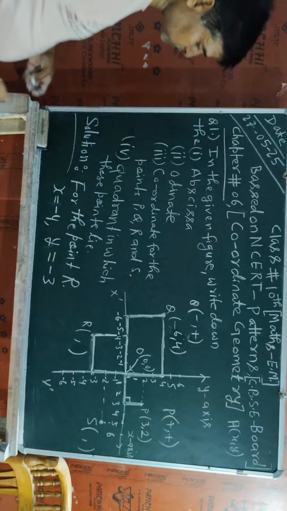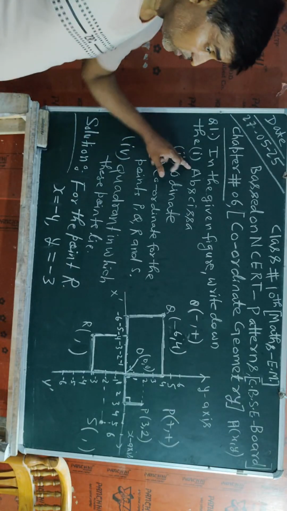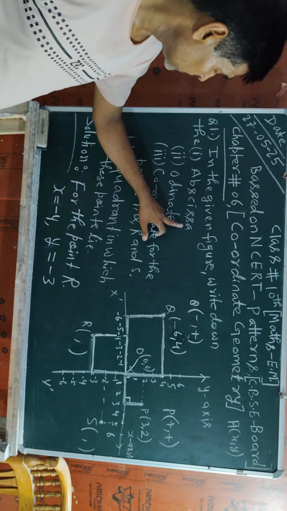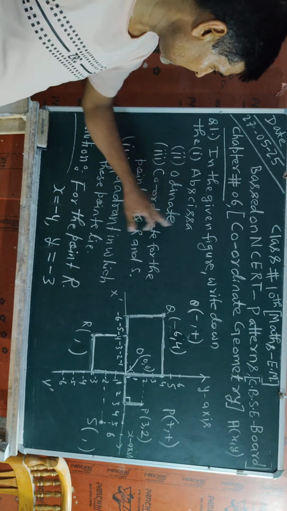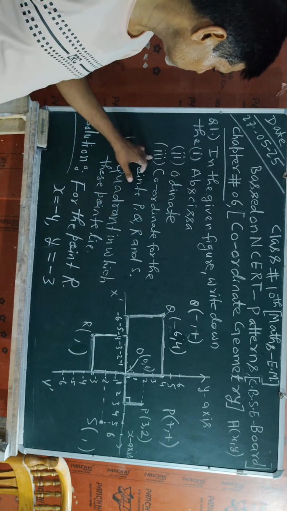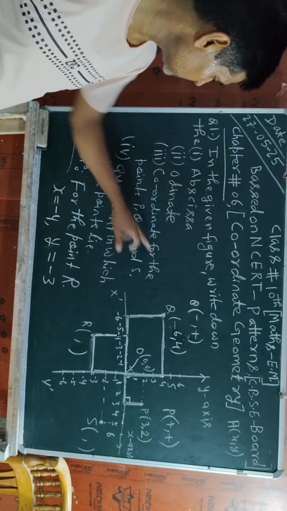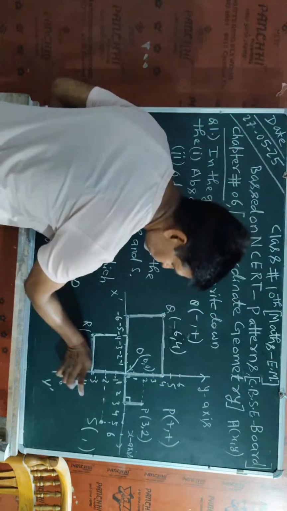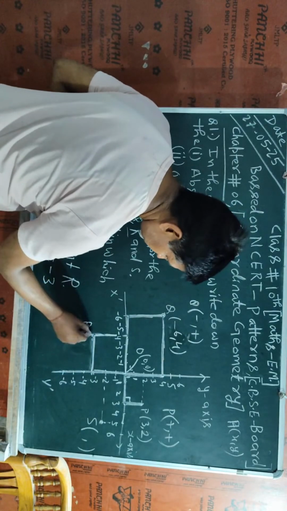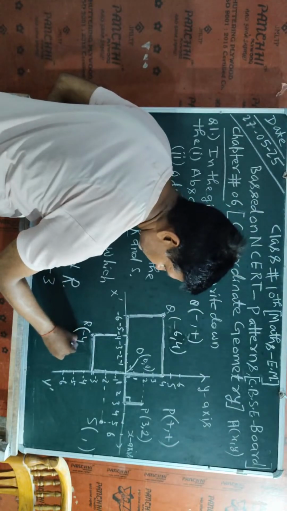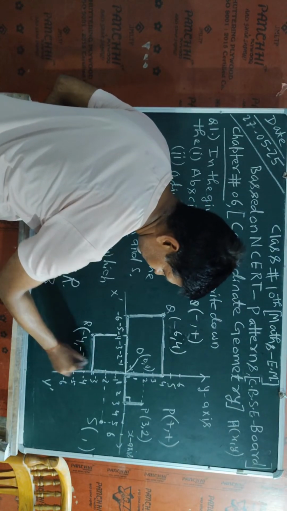Okay student, so for the point R I have already written here the value of abscissa and also the value of ordinate. Now further I have to solve question number 3, that is the coordinate for the point R. So the coordinate of the point R I have to write here in a very easy way. First is the abscissa, it has value minus 4 and the value of y is minus 3.